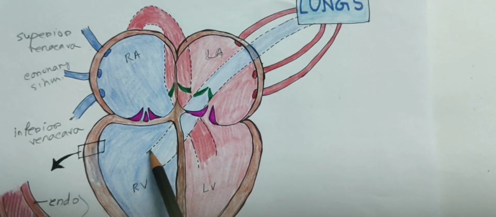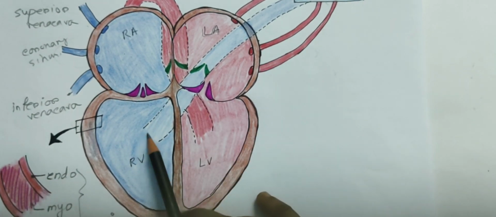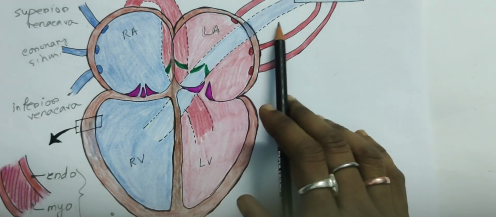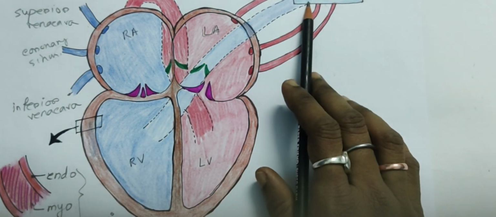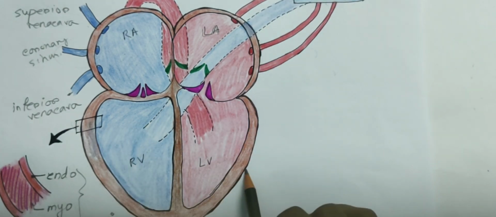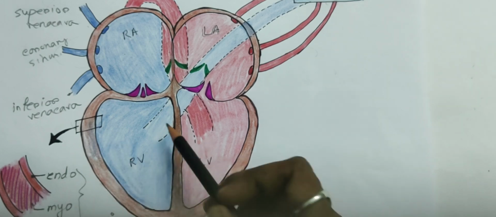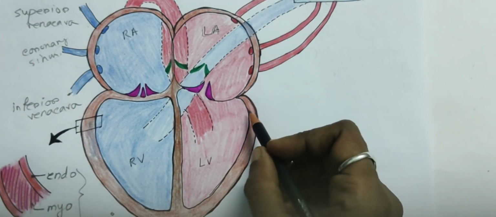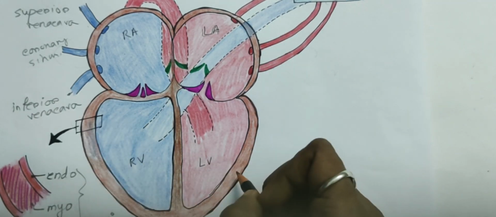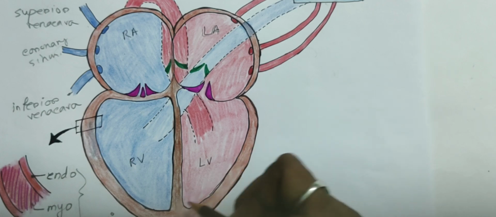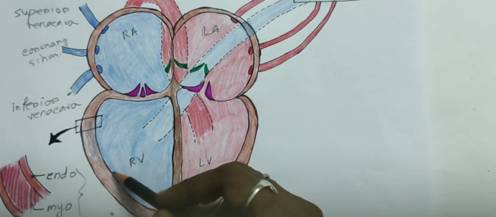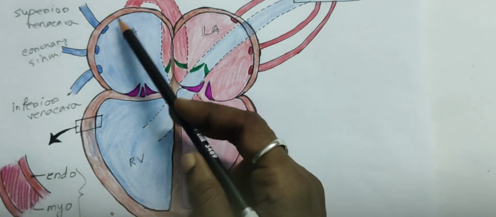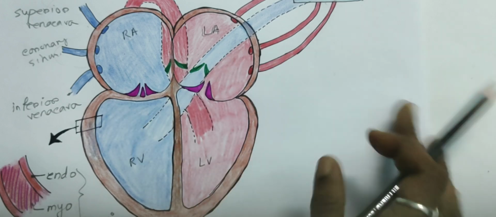So it needs to be very strong to pump the blood to the lungs. If it is not very strong, then the blood will not be able to reach the lungs. So it must be very strong mechanically. That's why the wall of the ventricle is very thick compared to the wall of the auricle.